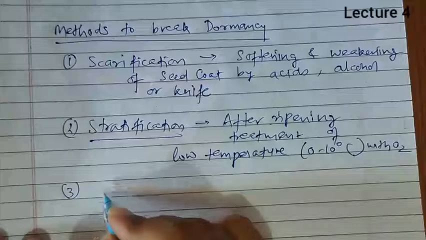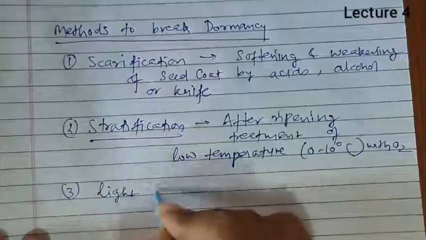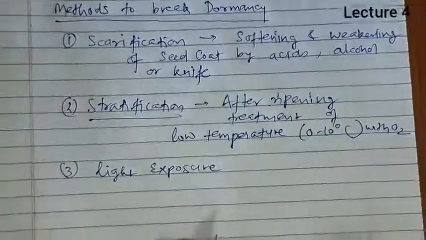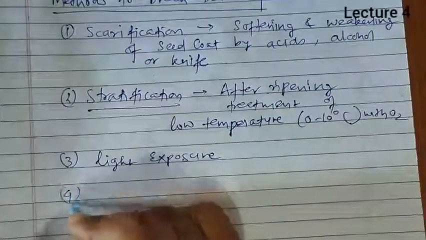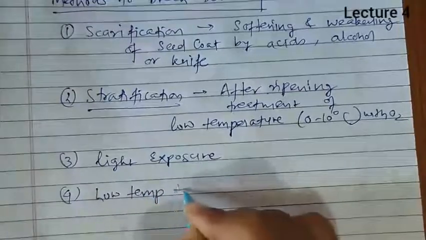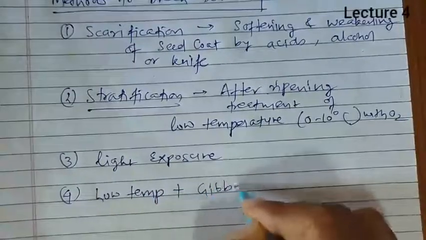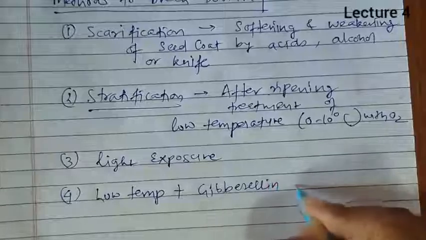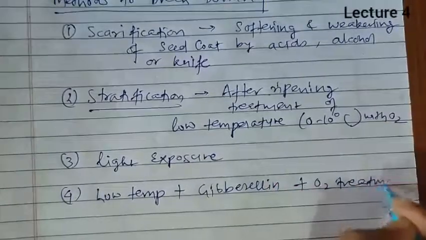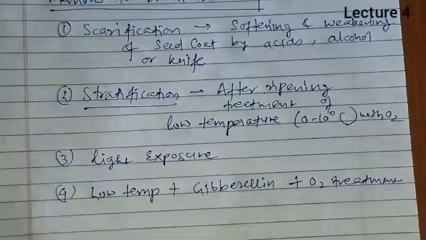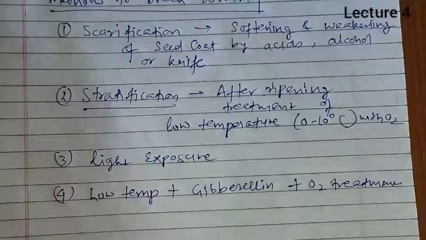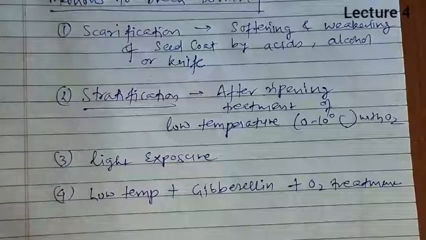Third, you provide light exposure for the positively photoblastic seeds. Fourth, you can provide low temperature plus gibberellin, because gibberellin also stimulates seed germination, and O2 treatment. By these different methods you can break seed dormancy and seed germination can occur.